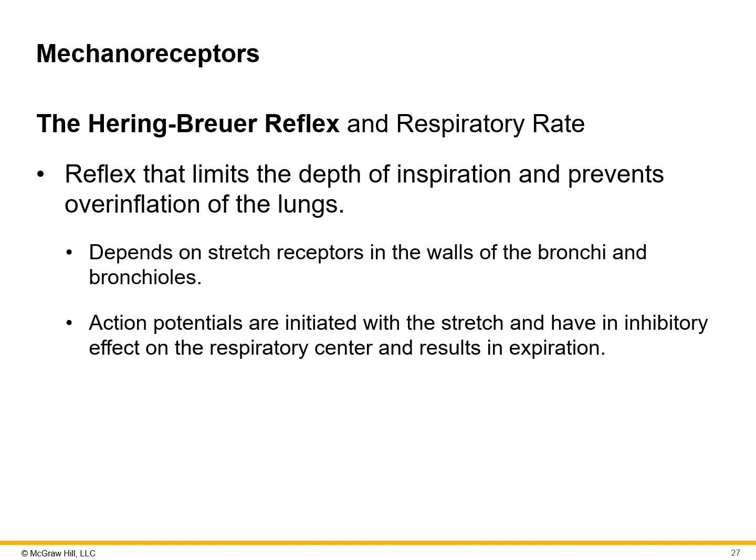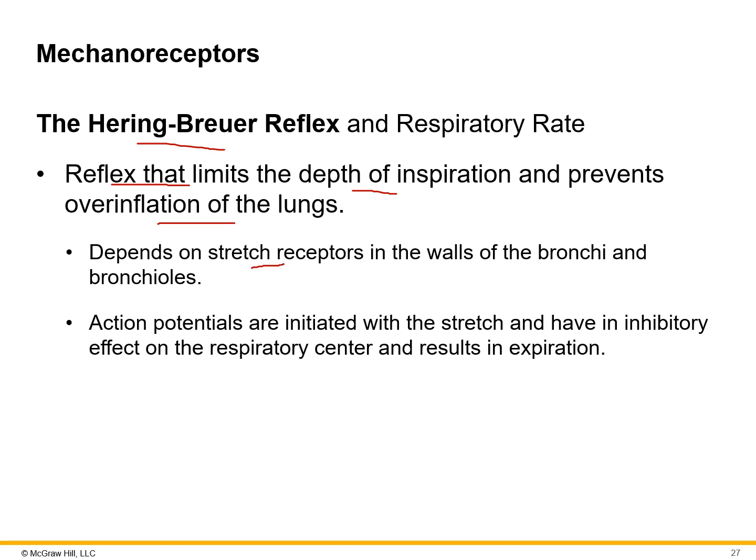Now, the mechanoreceptors are what's called the Hering-Breuer reflex, and how it affects the respiratory rate. This reflex limits the depth of our inspiration, so how much we're breathing in, so it prevents overinflation of the lung. Thinking about mechanoreceptors, they're thinking about the movement, the stressing or stretching of something. So we don't want our lungs to overinflate.